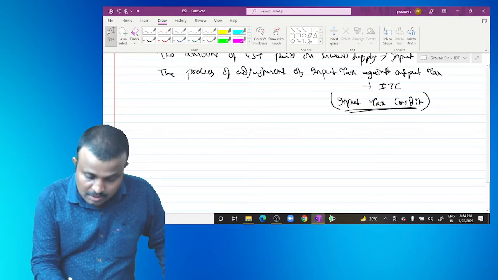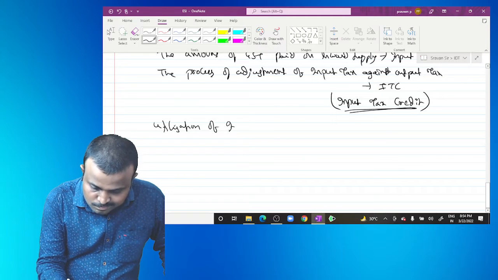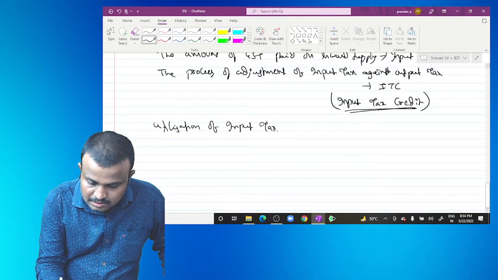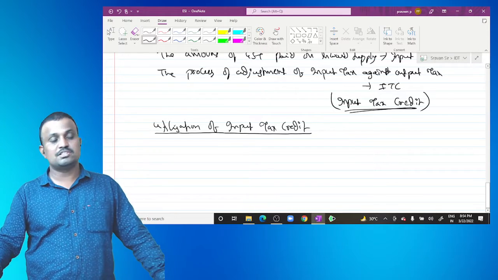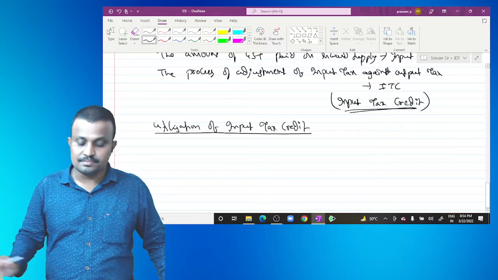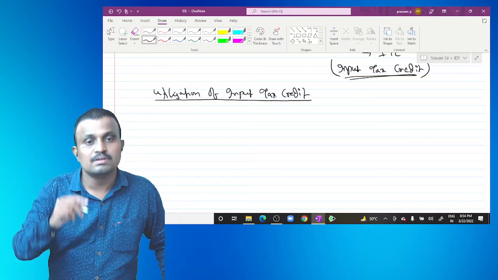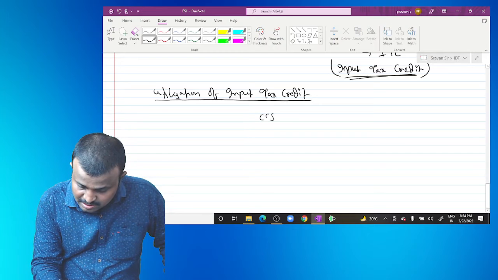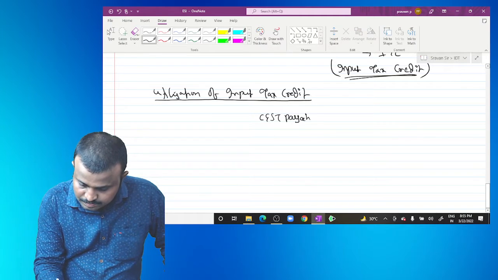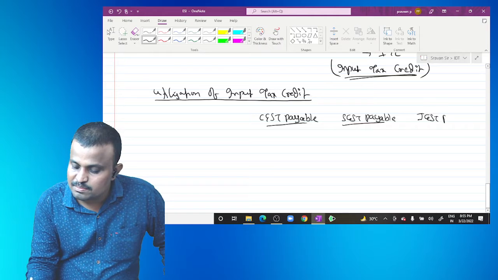So, utilization of input tax credit. Generally, input tax is adjusted against output tax, that is, CGST payable, SGST payable, and IGST payable.